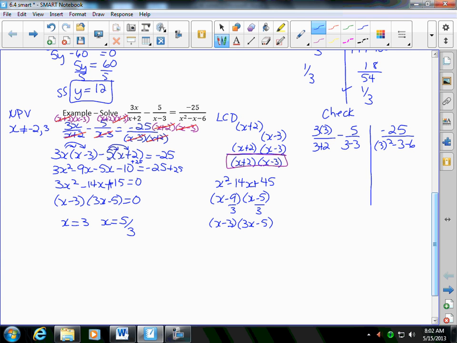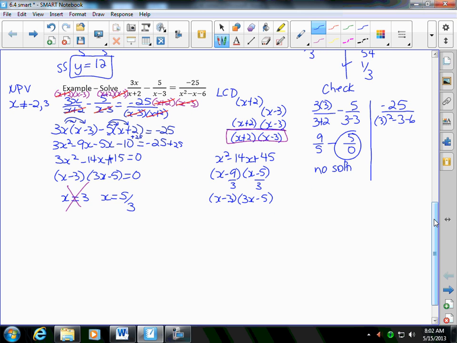So I have 9 over 5 minus 5 over 0. As soon as I get to that point, I see that I have 5 divided by 0. As soon as I have that, I know that there is no solution. So x is equal to 3 is an extraneous root, and I throw it out. I don't even have to go any further and solve. I know that right from there.